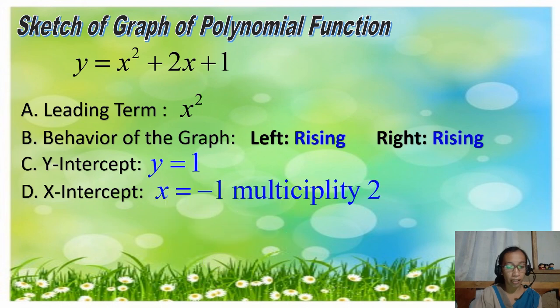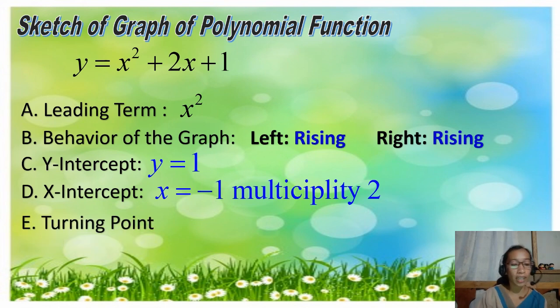So, meaning the x-intercept natin is x equals negative 1 with multiplicity 2. Ibig sabihin, dalawang beses nating nakuha yung value ng negative 1 sa x-intercept.